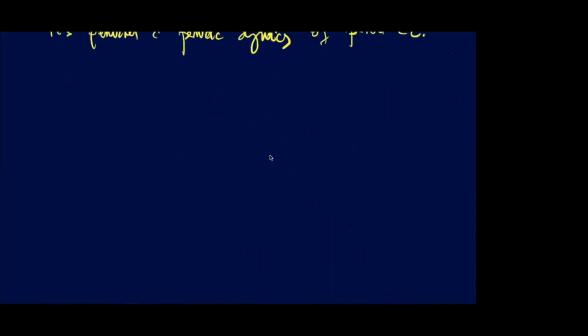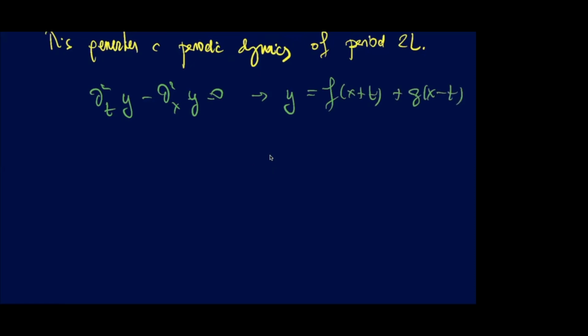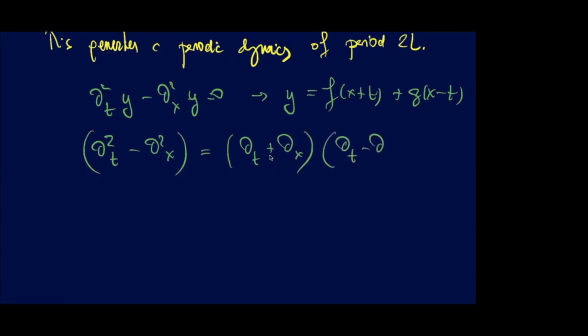So by the way, why is it true that when you solve the wave equation, the solutions are f(x+t), waves traveling to the left, plus waves traveling to the right? Well, the reason is very simple: for partial differential operators, you can extend classical operations to PD operators.